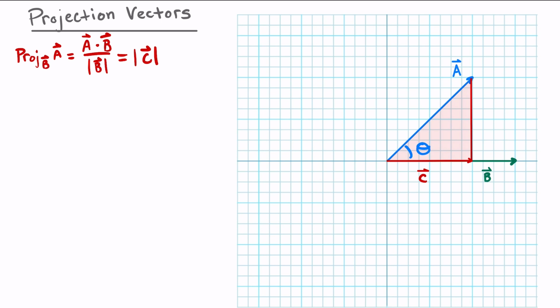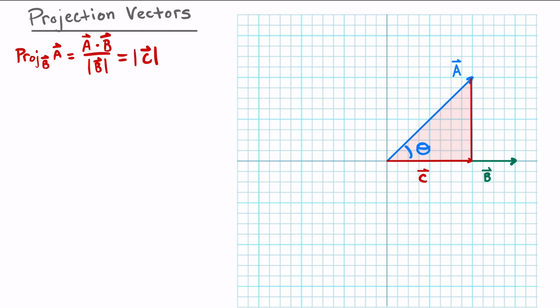Also, don't forget your right triangle trigonometry, because the expression given is not the only way to find the length of your projection vector. We have just created in this procedure a right triangle. If we're given the information or able to deduce information about the magnitude of angle theta, then we should be able to find the magnitude of our projection vector, being the adjacent leg to our hypotenuse in this right triangle.